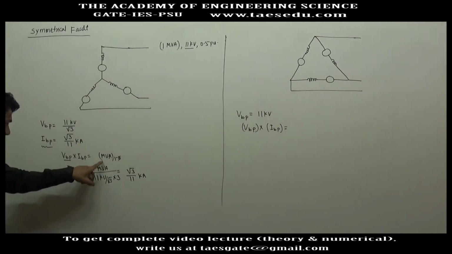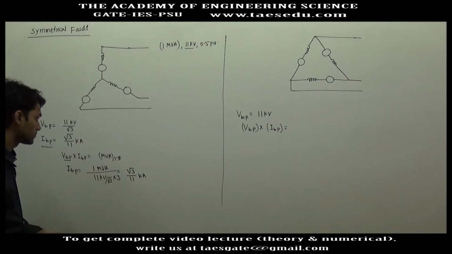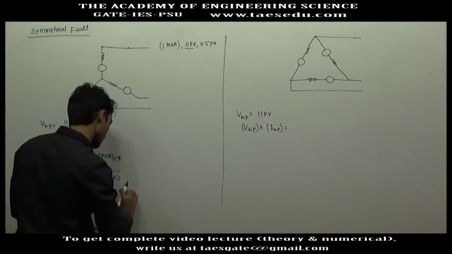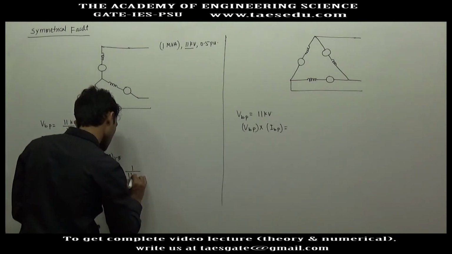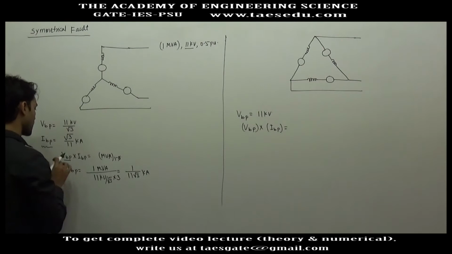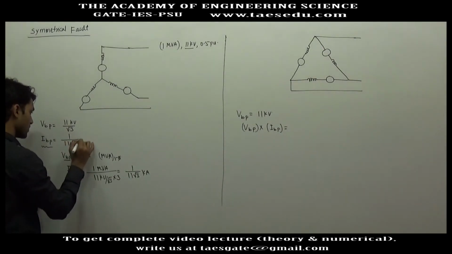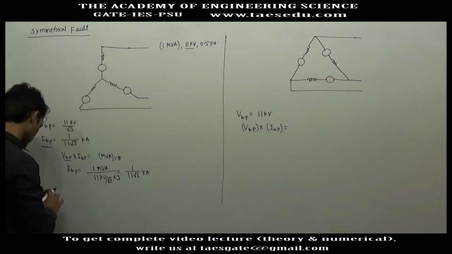The single phase MVA will be 1 MVA divided by 3. So this will give you 1 upon 11 root 3 kilo ampere.